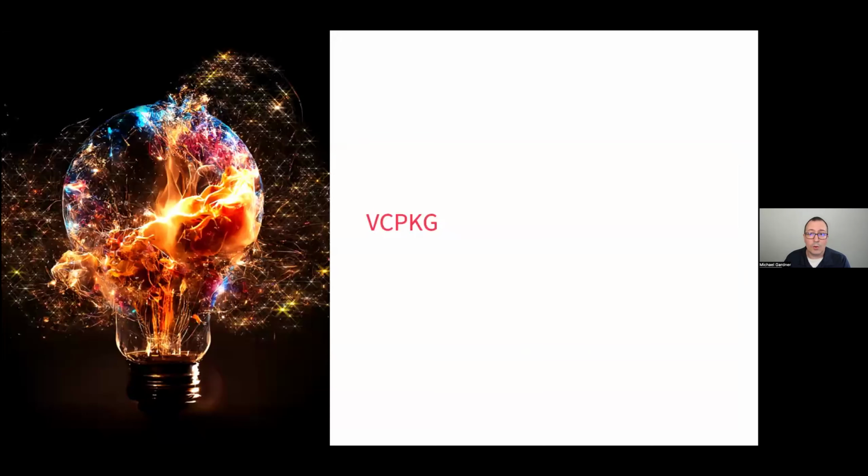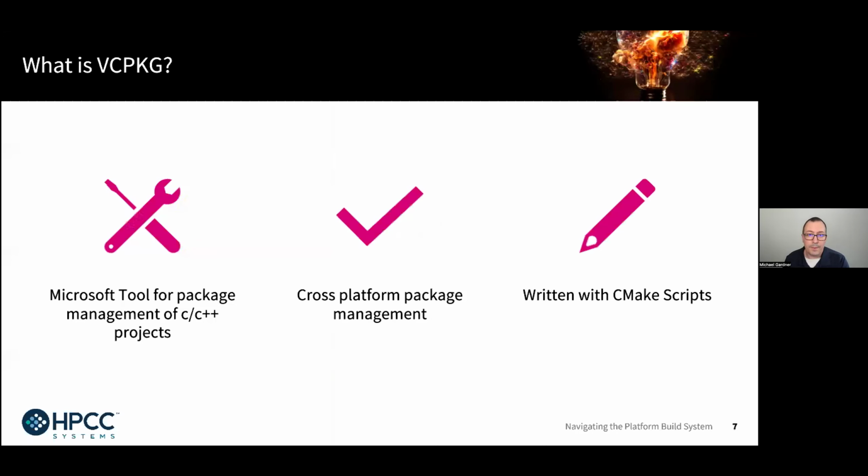So let's quickly go over vcpkg and what it is, why we ended up using it, and the pros and cons of it. Let's go over what it is first. It's a tool by Microsoft for managing C and C++ project libraries.